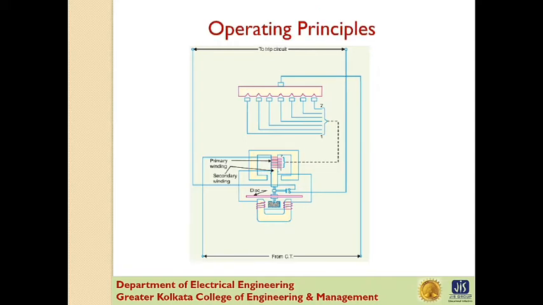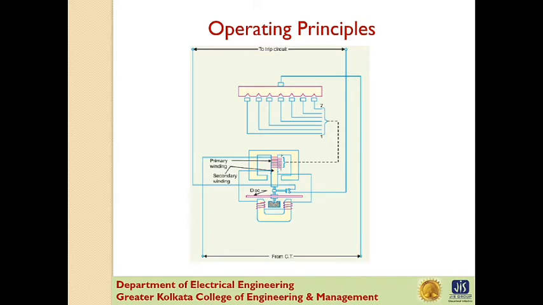Next is the operating principle. The driving torque on the aluminium disc is set up due to induction principle as we discussed earlier. This torque is opposed by restraining torque provided by the spring. Under normal operating condition, restraining torque is greater than driving torque produced by the relay coil current.